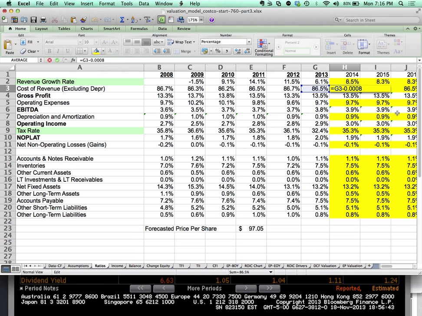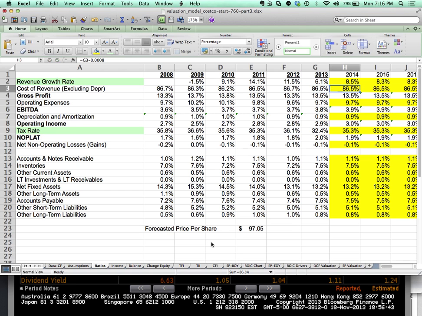Just manually put it in there. Unfortunately, I can't solve for it because if I try and solve for it, I'll get a circular reference. So I don't know how to get around this very easily. So that's why this is the manual step. Otherwise, you get a circular reference. So I just basically manually put that in. That's why I'm doing this extra step.